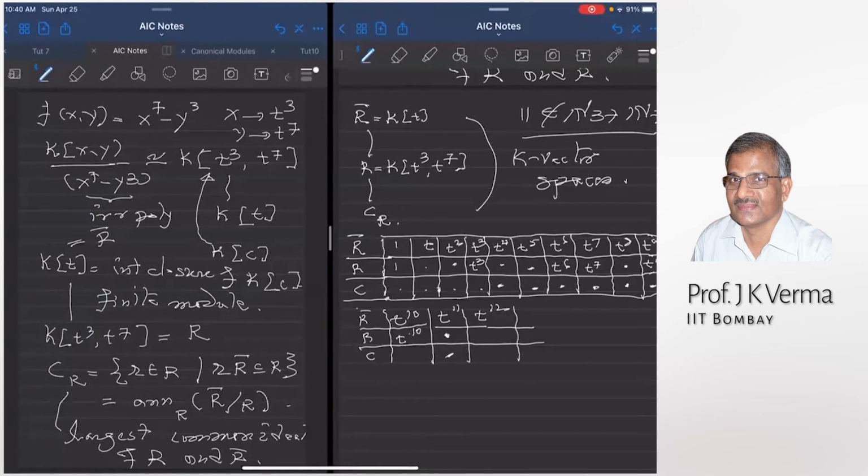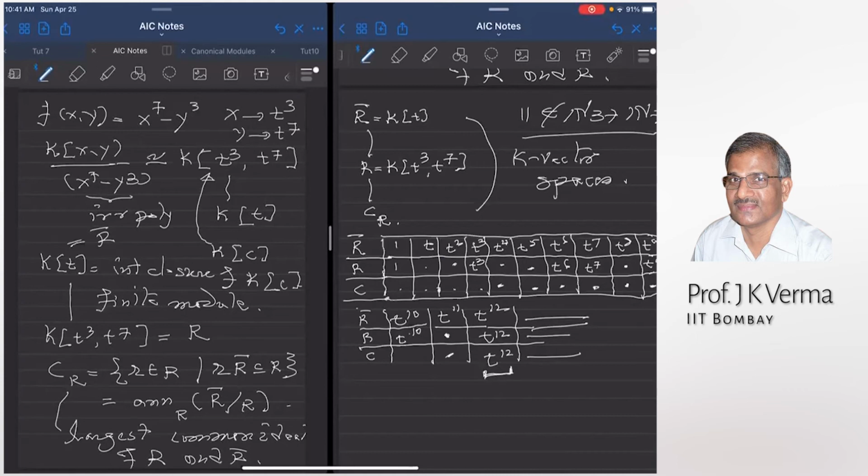T12 is in R, it is T cube to the power 4, right? It is also in the conductor. Everything after that is here. So this is the smallest power of T which is in the conductor.